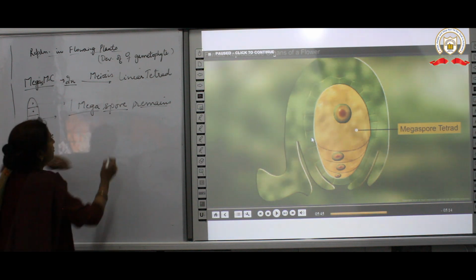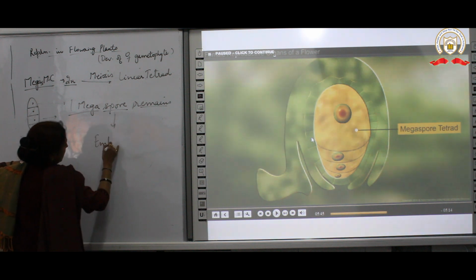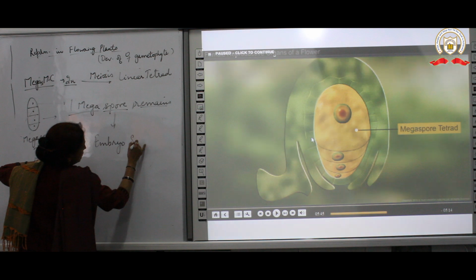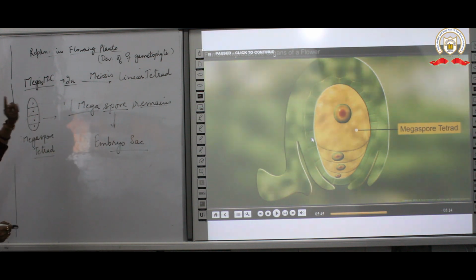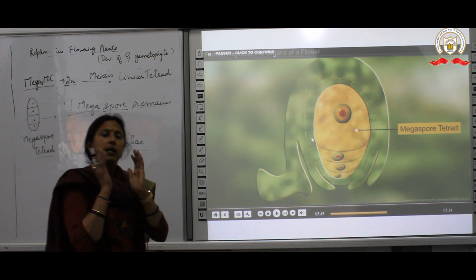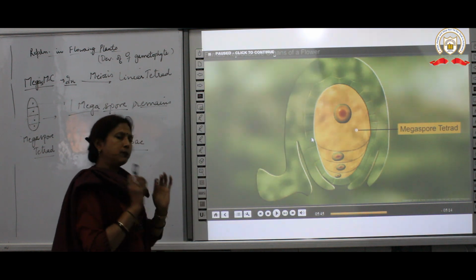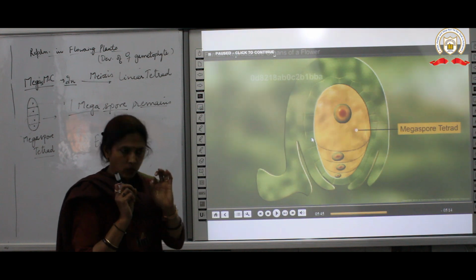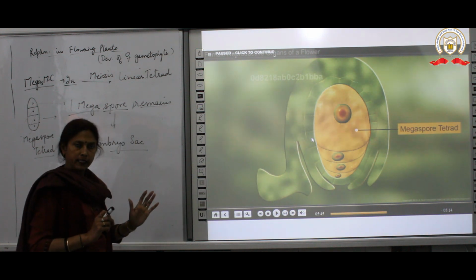Now this single megaspore will develop into the embryo sac. This embryo sac is the female gametophyte. So now you see that in case of an ovule, the ovule is attached to the placenta. Then there is a stalk-like structure called funicle, through which the ovule is attached to the placenta.